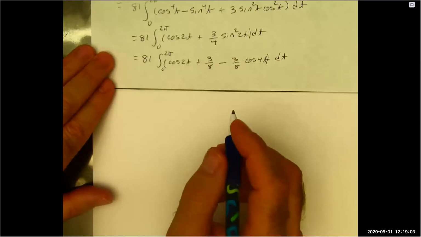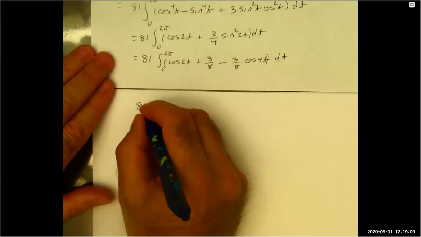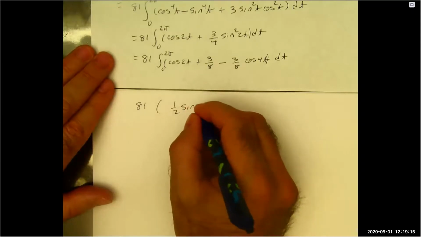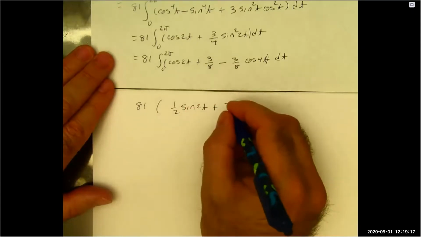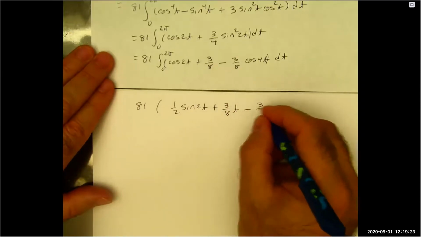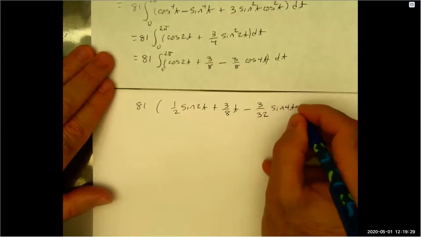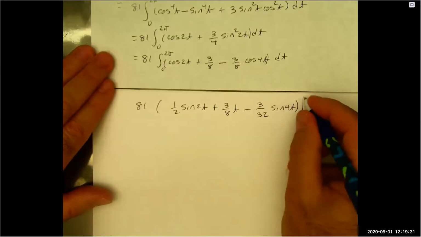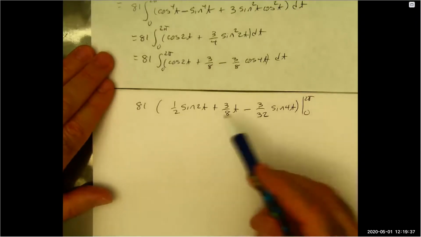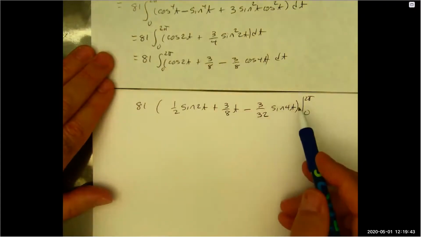All right, so what this will give us is 81 times 1/2 sine of 2t plus 3/8 t minus 3/32 sine of 4t, from 0 to 2 pi. In this case, the sine parts are both going to be 0 at 0 and 2 pi, and the 3/8 t is going to be 0 at 0.